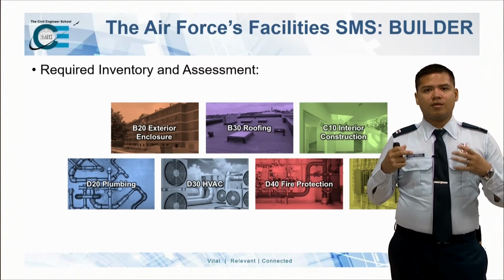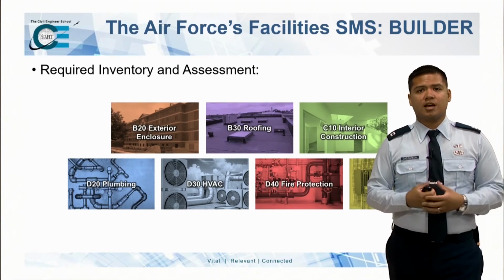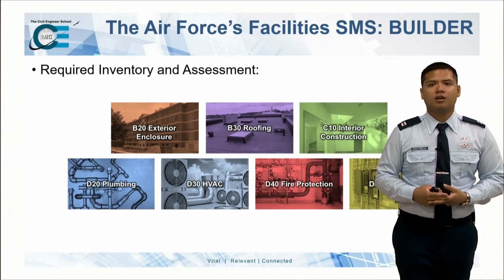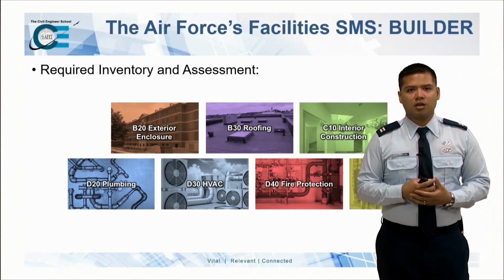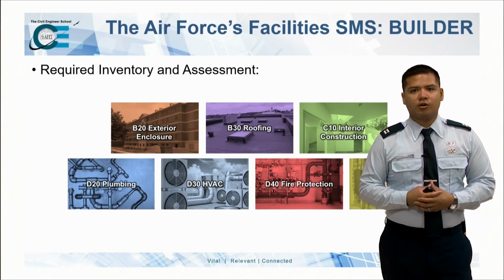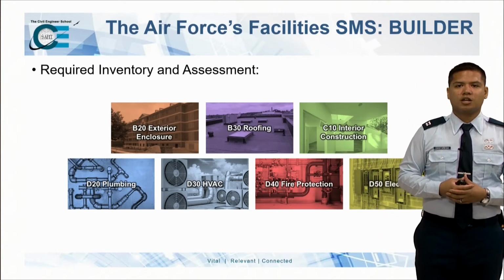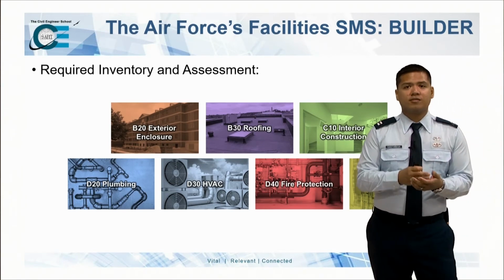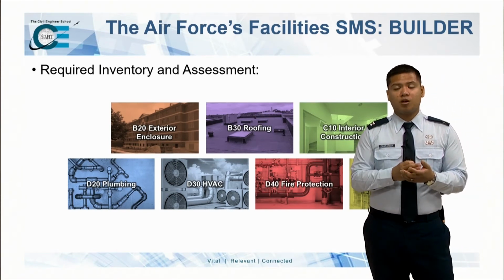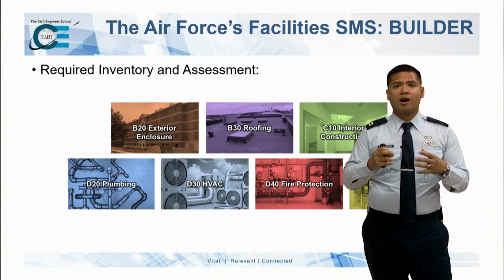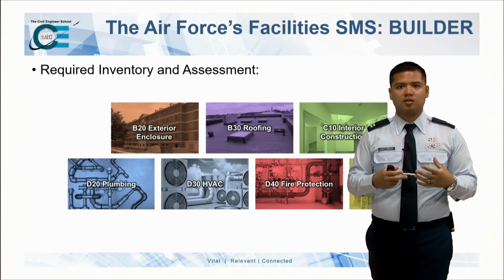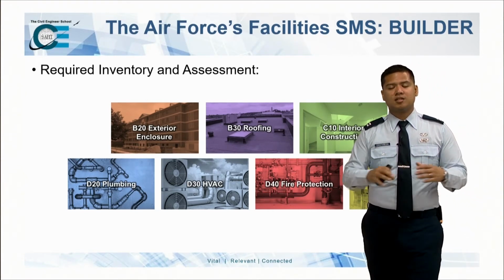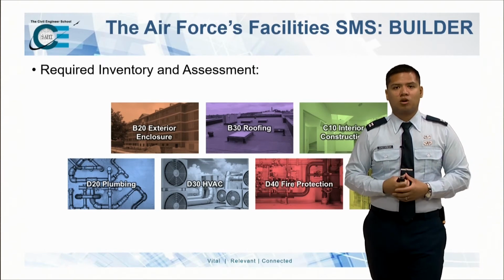So in the Air Force, these are the systems that need to be inventoried: B20, exterior enclosure; B30, roofing; C10, interior construction; D20, plumbing; D30, HVAC; D40, fire protection; and lastly, D50, electrical. These 7 systems should have already been assessed and populated into each of your base's sustainment management system. So this should be the baseline data that we have to work with.